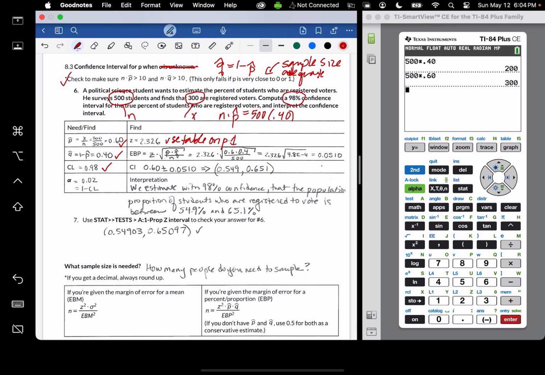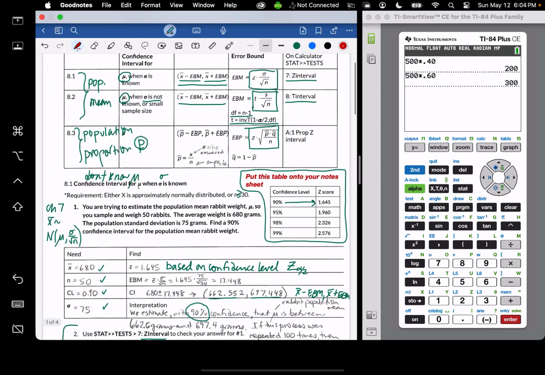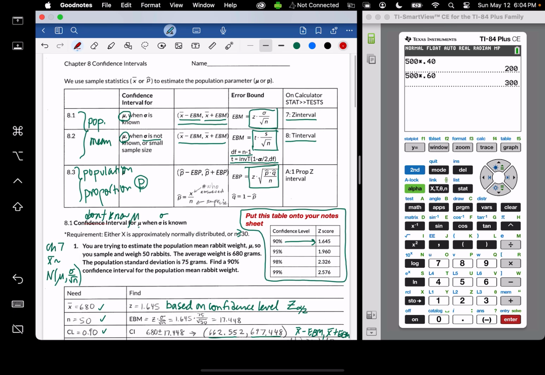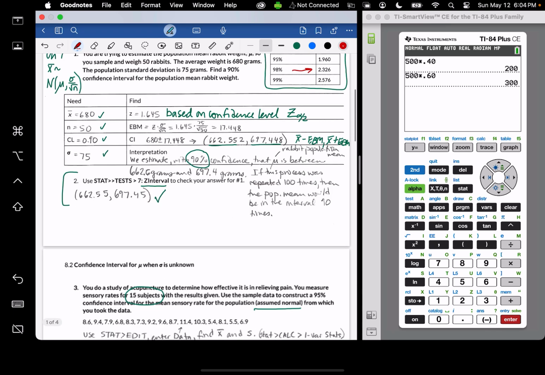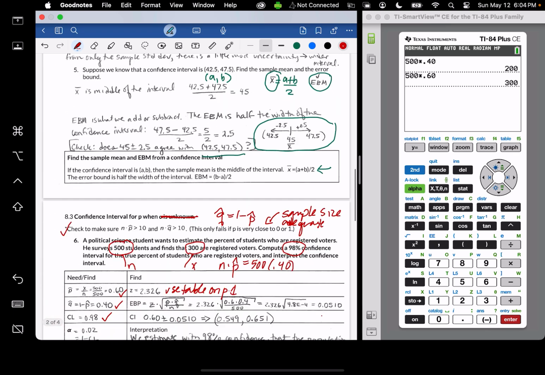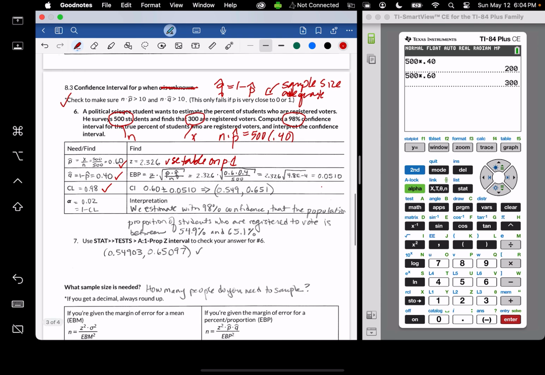So because we're using a 98% confidence level, I can zip back to locate my table value, and there it is, 2.326 is the z-score that I need.